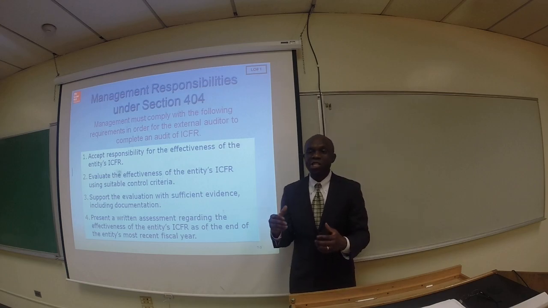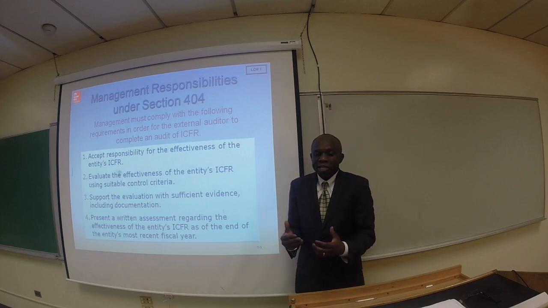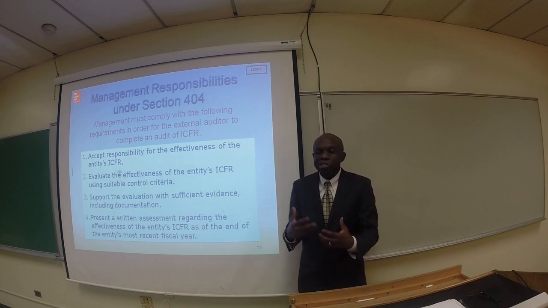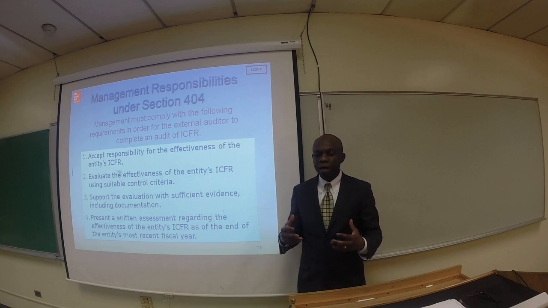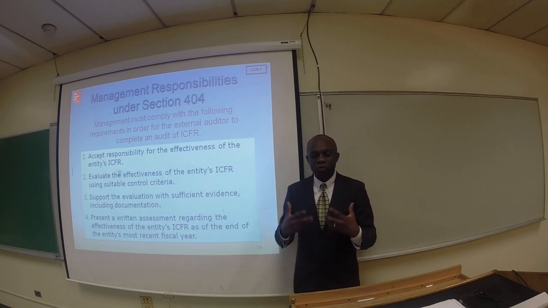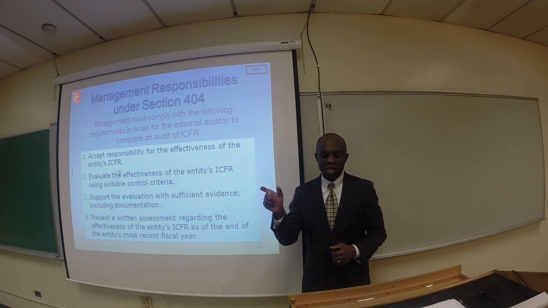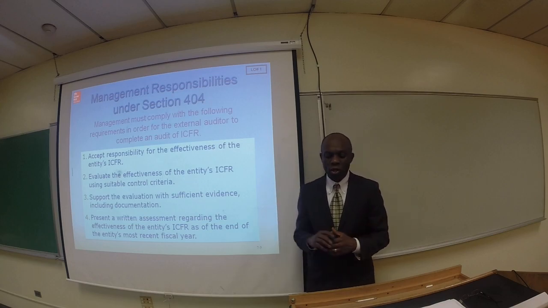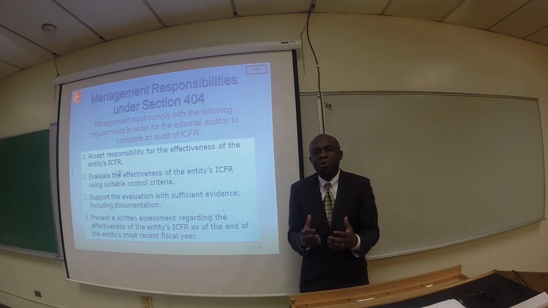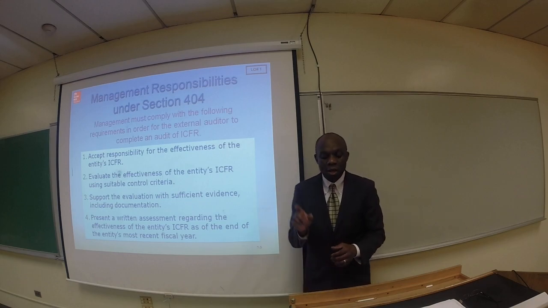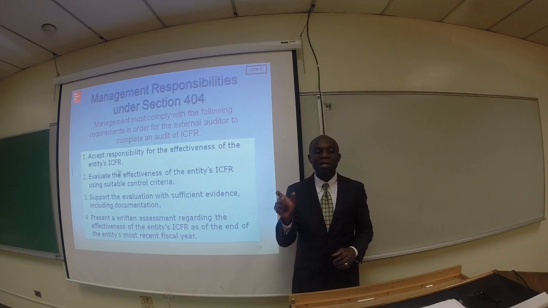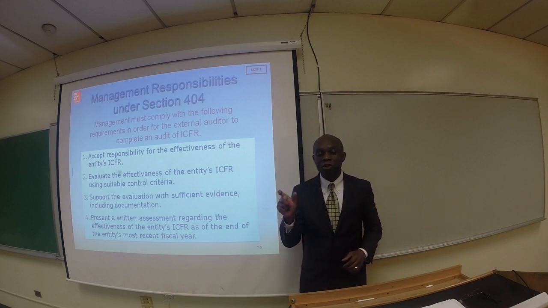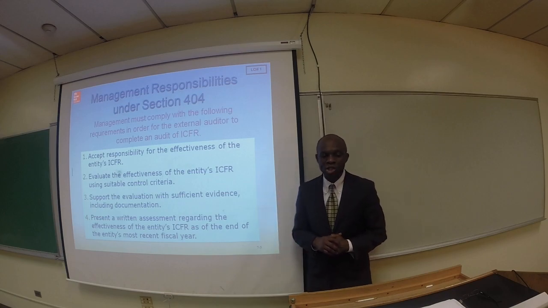Effectiveness deals with the degree to which something is successfully done, the degree to which something is accomplished. Efficiency, in contrast, deals with doing something with the least expense or the least effort. But here we are zeroing in on only effectiveness. So management has to accept responsibility for the effectiveness of the entity's internal control over financial reporting.